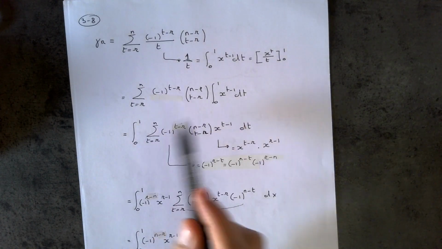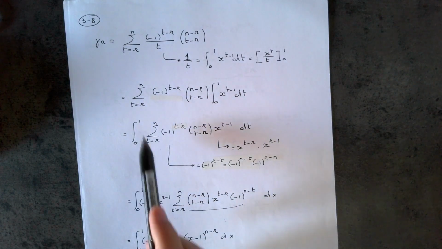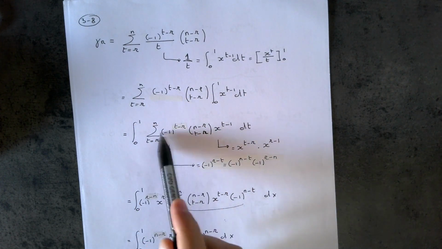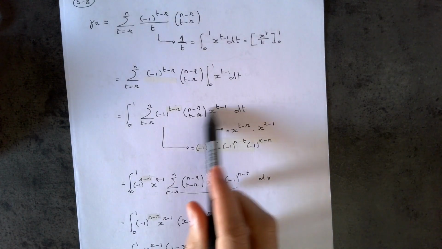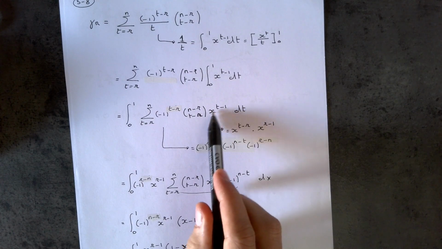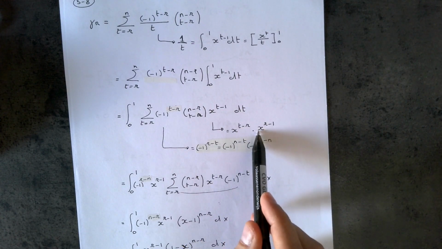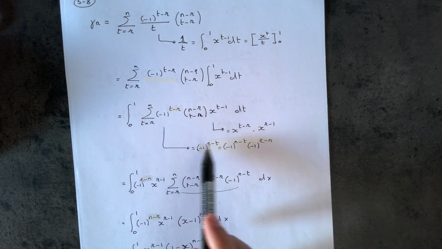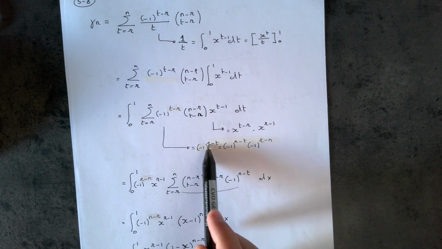And now in the next step, I'm going to exchange summation and integration. So I'm going to take the integral from 0 to 1 in front of this sum here. And I'm going to rewrite x to the power t minus 1 as x to the power t minus r times x to the power r minus 1. And here I'm going to rewrite minus 1 to the power t minus r as minus 1 to the power r minus t.